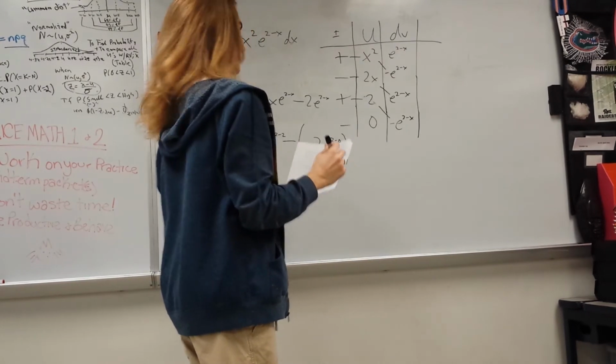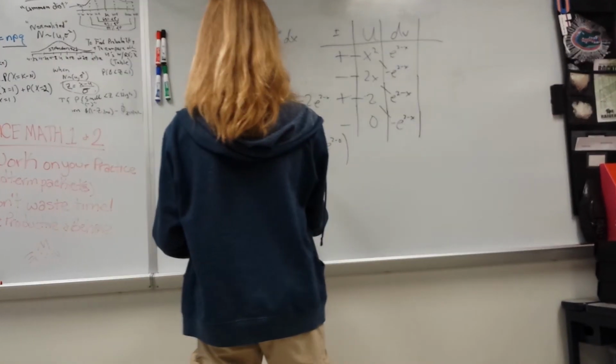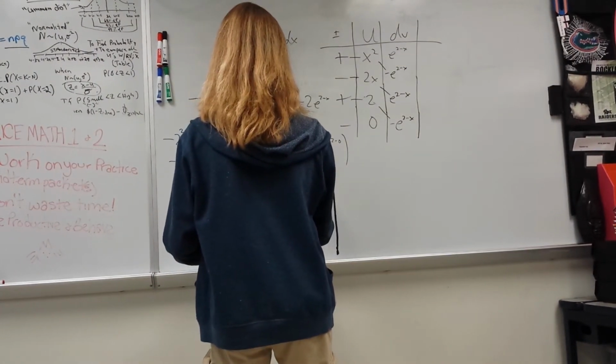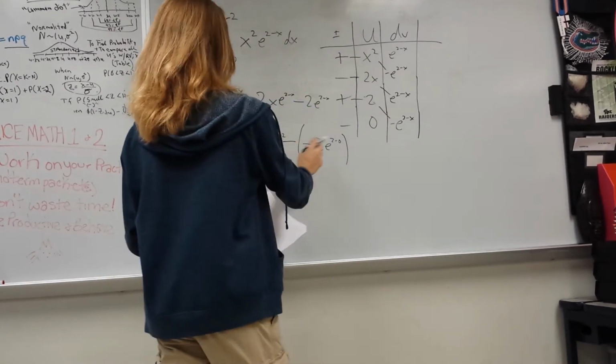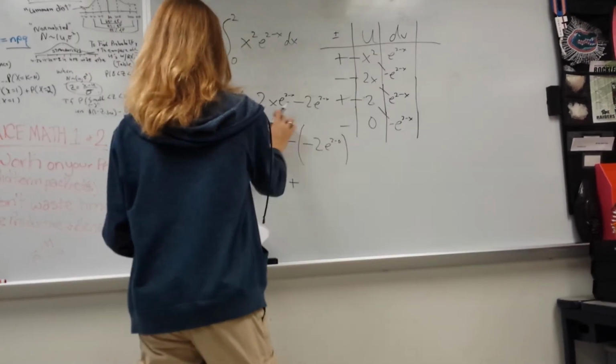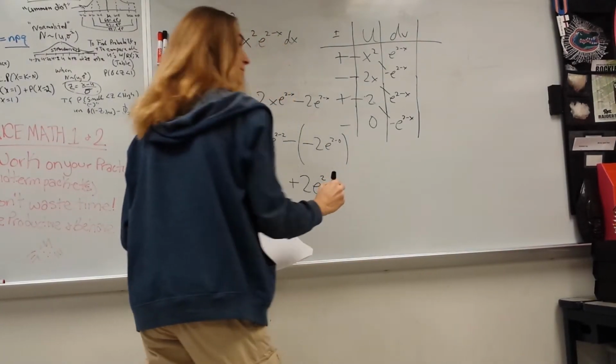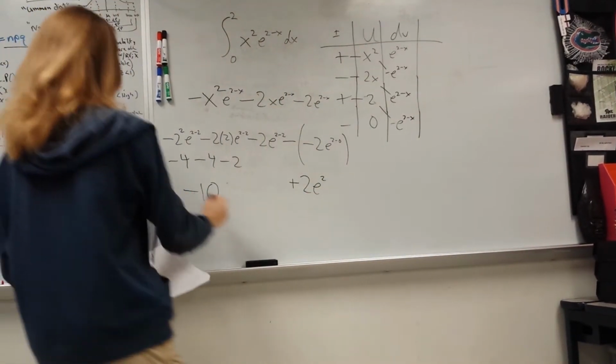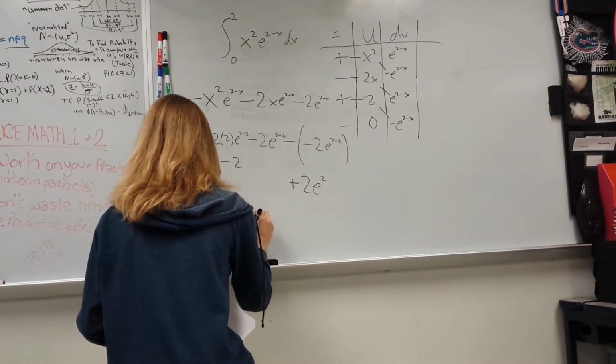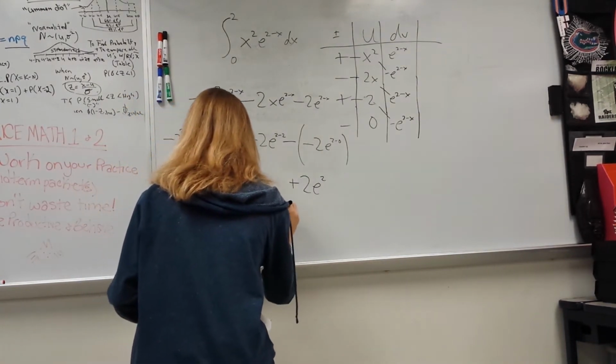So this becomes a plus, because it's minus negative, because all this is canceled already. So it's plus 2 e to the 2, right? So it's going to be negative 10 plus 2e to the 2.